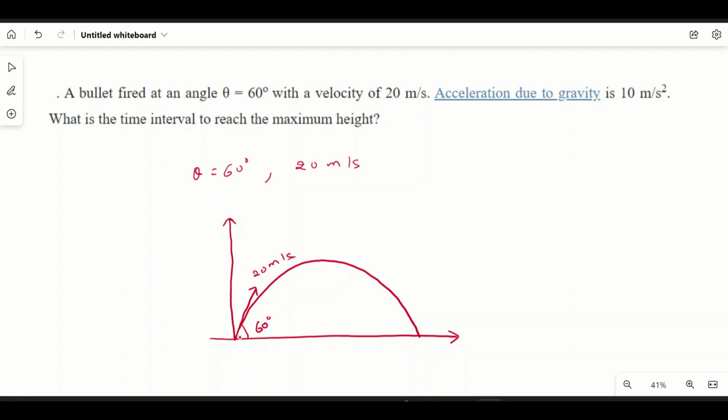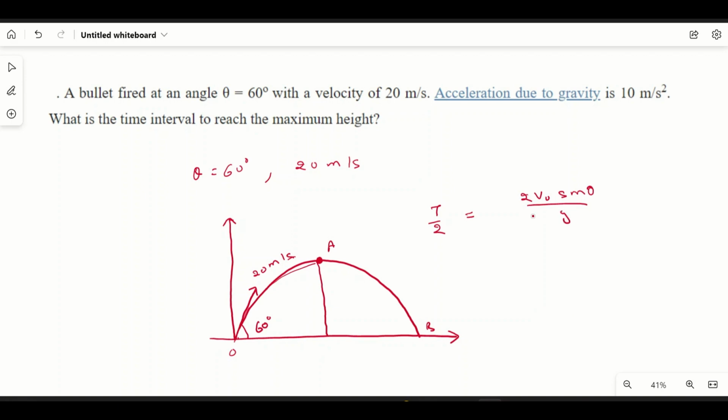So you can use the formula, but we have to find the time till here only, because total time of flight is from here to here plus here to here. So time from point O to point A is total time of flight divided by 2, because this distance is only half of the total time. So our total time of flight is 2V0 sine theta by g.